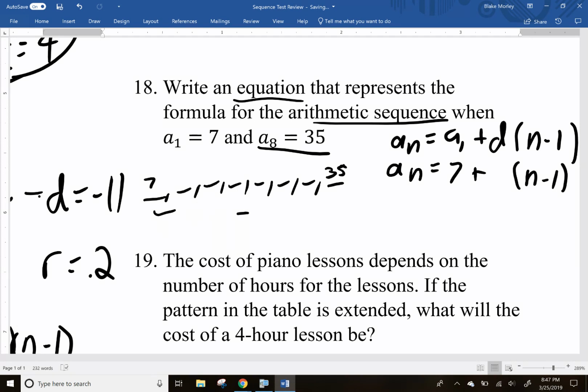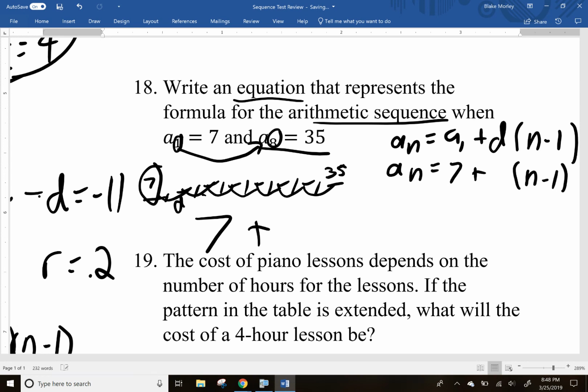Knowing that, I'm going to make this equation. Okay, so follow along. We're starting at 7 now, right? So I'm going to write down 7. And then I'm adding the same number 7 more times because from the first term to the 8th term, from 1 to 8, that is 7. So you see 1, 2, 3, 4, 5, 6, 7.